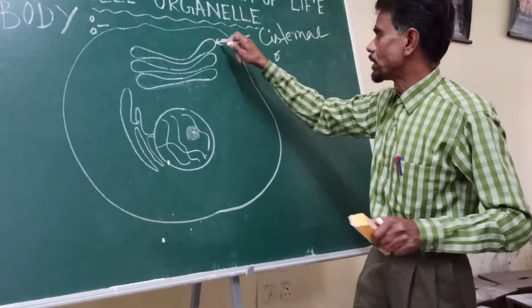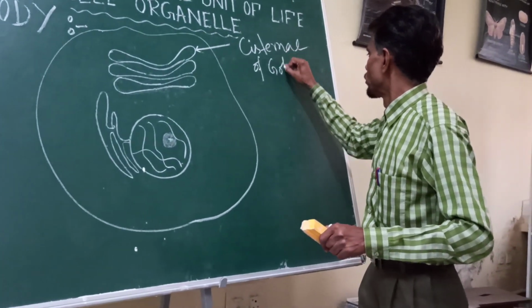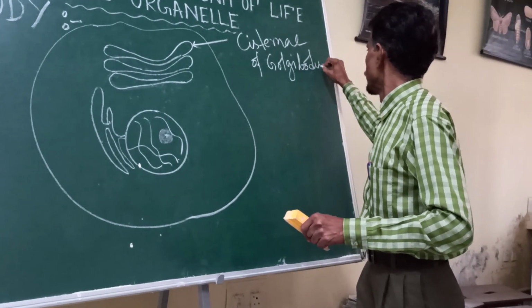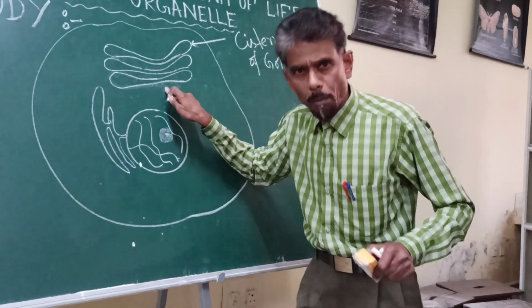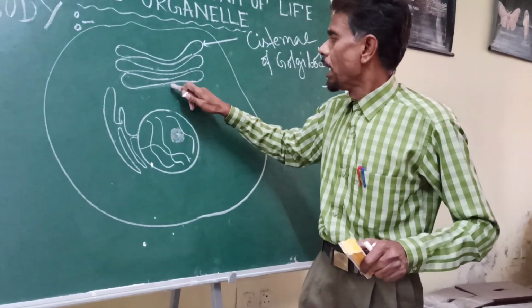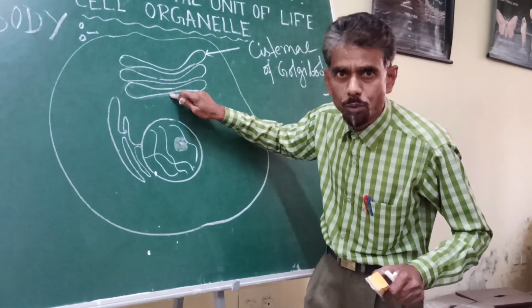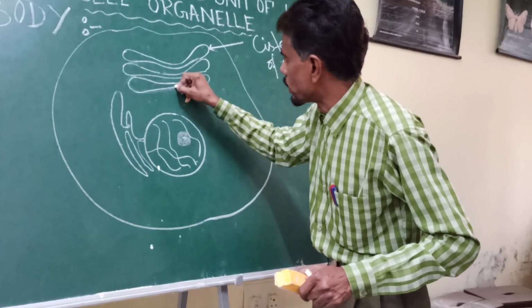These are the cisternae of the Golgi body. Each cisterna of the Golgi body has a forming face, meaning the face which is facing towards the nucleus. This face is called the cis phase.